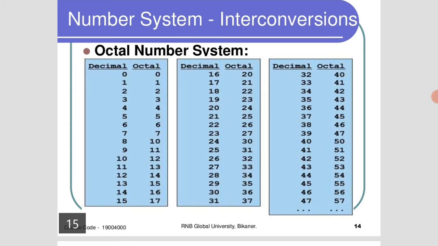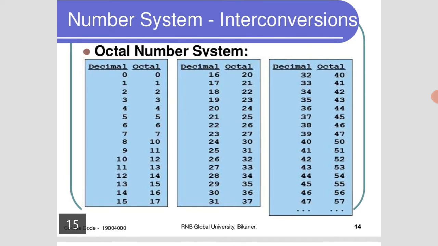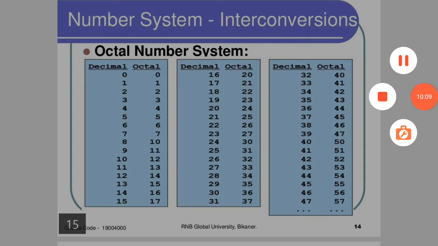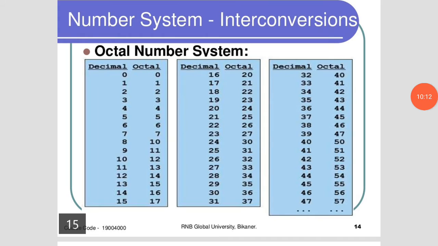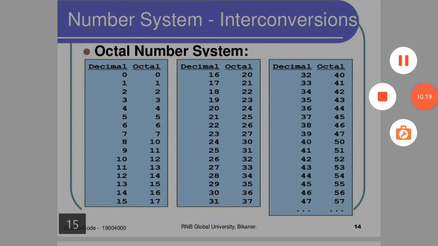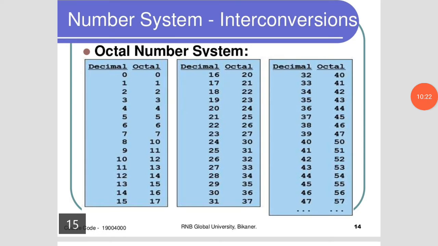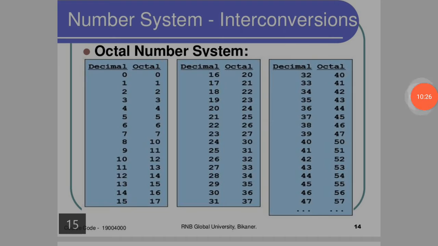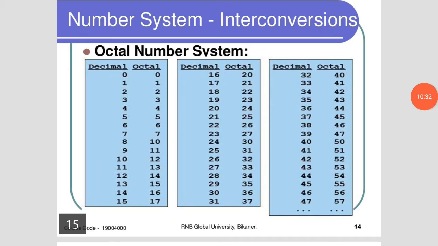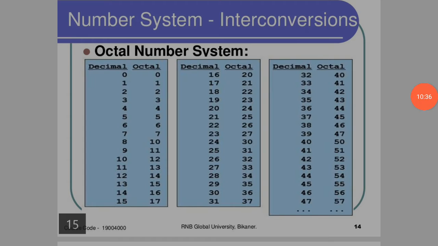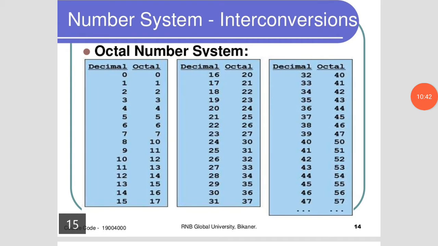Octal number system interconversion we see: 4 is 4, 5 is 5, 6 is 6, 7 is 7, 8 is 10 in octal, 9 is 11, 10 is 12, 11 is 13, 12 is 14, 13 is 15, 14 is 16, 15 is 17, 16 is 20, 17 is 21, 18 is 22, 19 is 23, 20 is 24, 21 is 25, 22 is 26, 23 is 27, 24 is 30, 25 is 31, 26 is 32, 27 is 33, 28 is 34, 29 is 35, 30 is 36, 31 is 37.